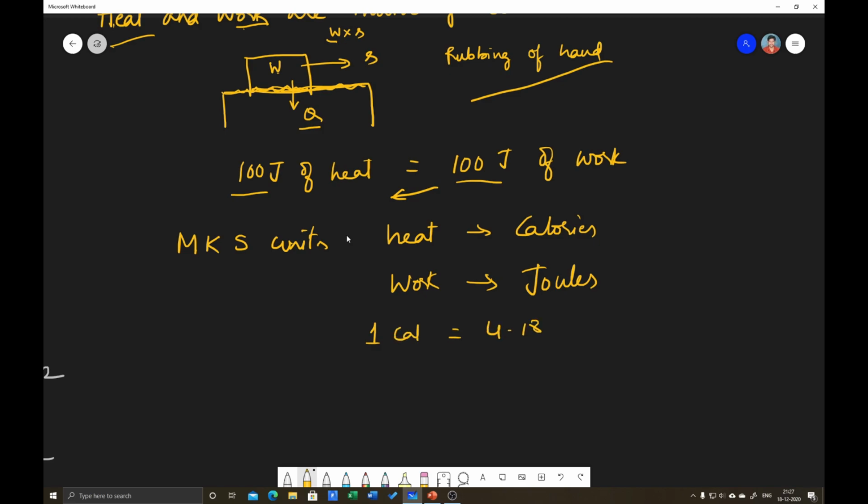So we know that 1 calorie is equal to 4.187 joules. So in olden days, this integration of Q is equal to integration of work, but it should be multiplied with J. This is called the mechanical equivalent of heat, which is equal to 4.187.